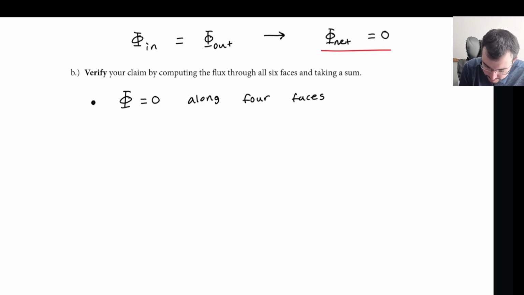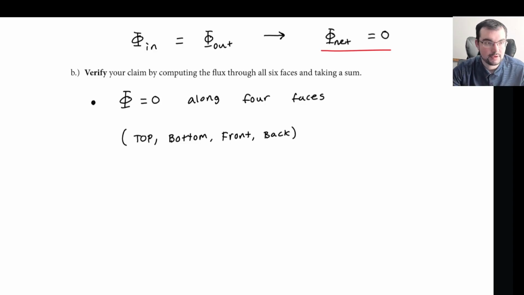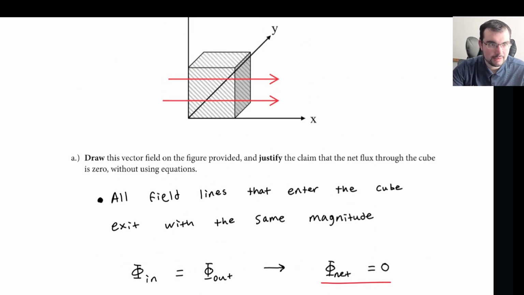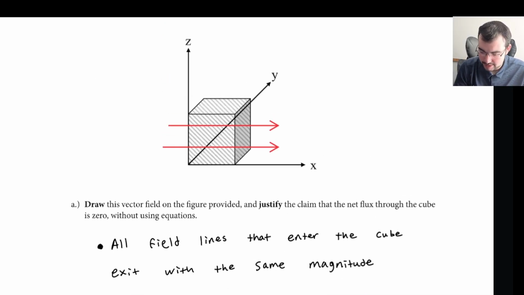That's going to be top, bottom, front, and back. And that's because in those faces, there is no perpendicular electric field. So again, just going back up to summarize that, we said that nothing pierces the top, the bottom, front, or the back.